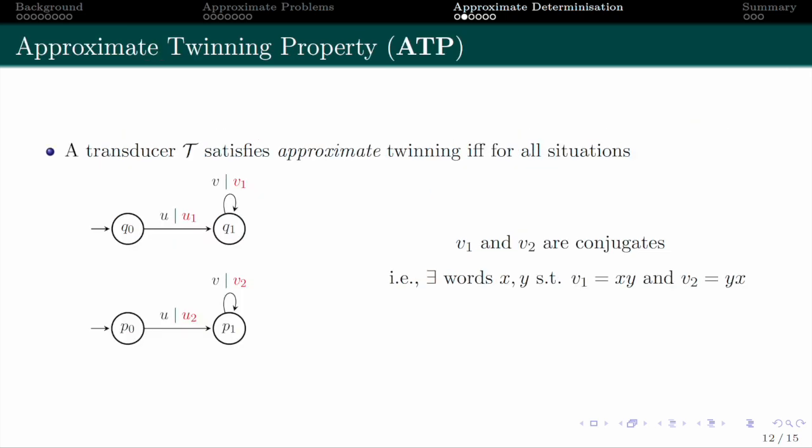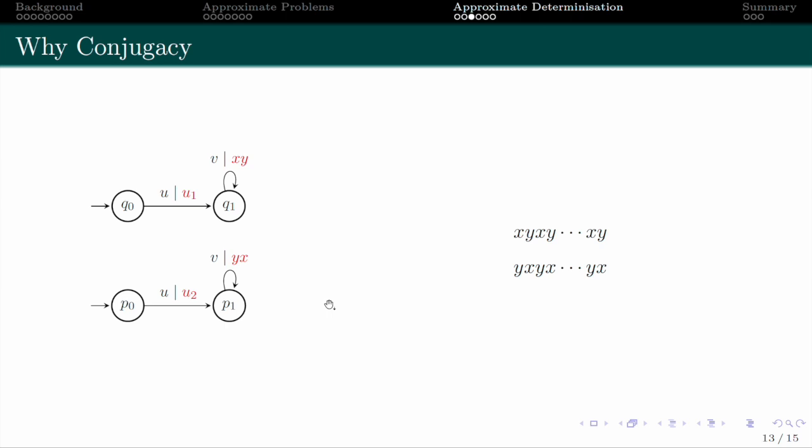We say a transducer satisfies approximate twinning if and only if for all synchronous runs on the same input, that is, here the inputs are the same, u and v are the same, and outputs can be different, the output produced along the synchronous loops, that is v1 and v2, needs to be conjugate or cyclic shifts of each other. That is, there exist words x and y such that v1 can be written as xy and v2 can be written as yx.